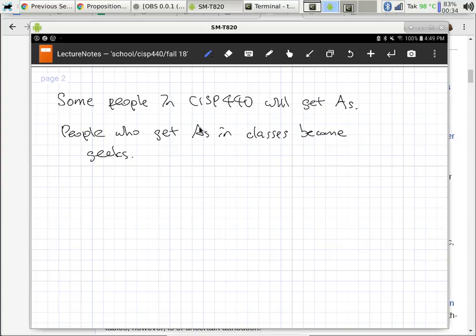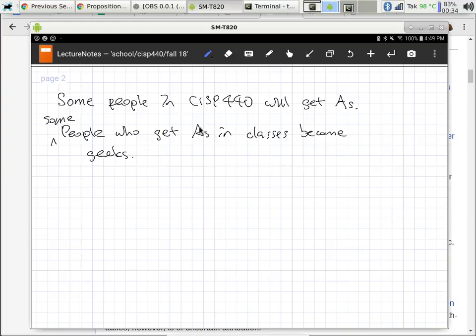If you want to make it existential, then you say some people. So you kind of have to make it non-ambiguous, because this particular statement is ambiguous because it's not clear which way we want it to be. Okay, so we'll just say some, to make it extra clear. So some people who get A's in classes become geeks. Is that okay?